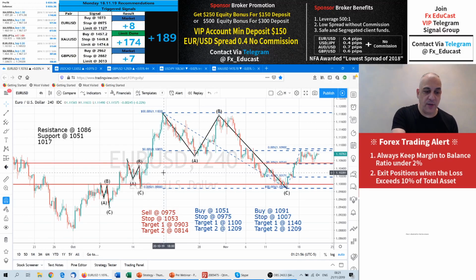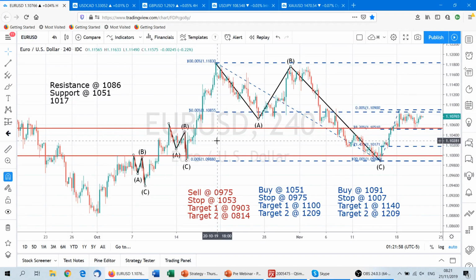Okay, so I'm going to focus on the chart and I'm going to show you first of all yesterday's analysis, yesterday's recommendations. As you know, we have been looking at a bullish situation here. I really believe so. And the market, of course, responded to that with recovering from exactly where it should start recovering from.